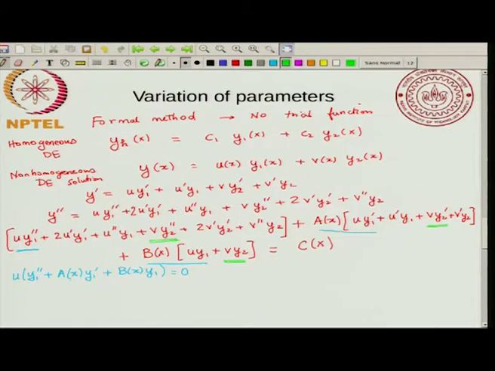What you are left with is 2 u prime y1 prime plus u double prime y1 plus 2 v prime y2 prime plus v double prime y2, plus a of x times u prime y1 plus v prime y2, equal to c of x.